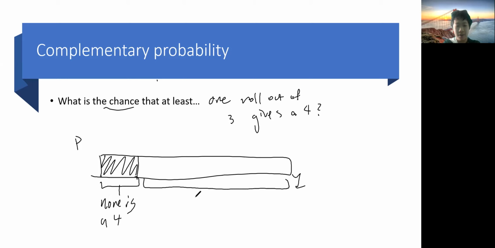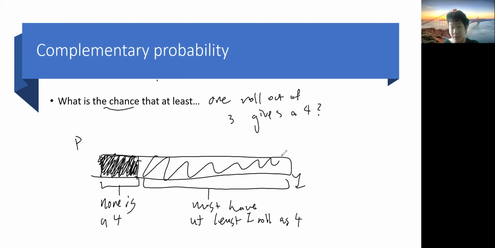Well, the rest of it must have a 4. Because if I have all my cases where there's no 4 here, then the rest of these must have at least one roll as a 4. So if I find the probability that none is 4 and I subtract it from 1, then I get the probability that at least 1 is 4.